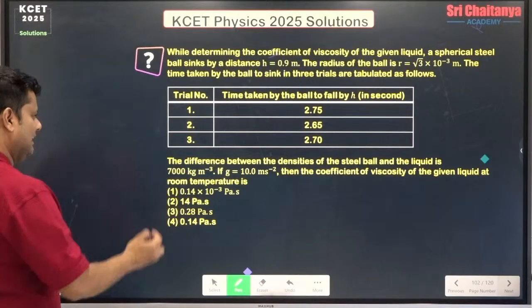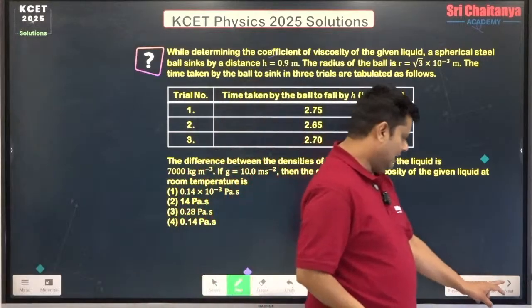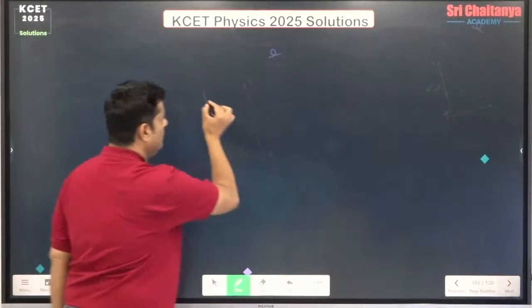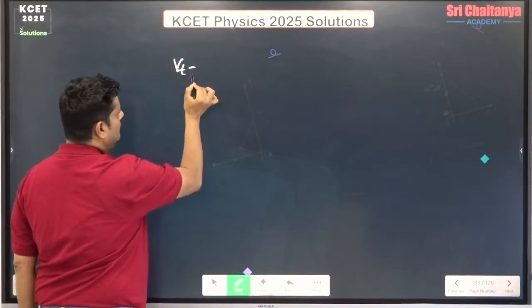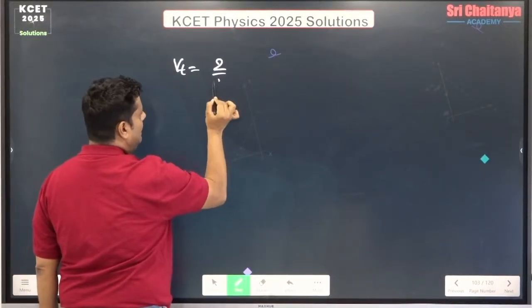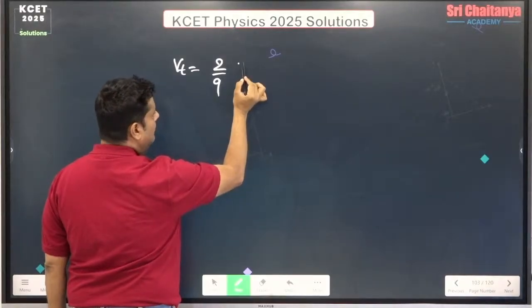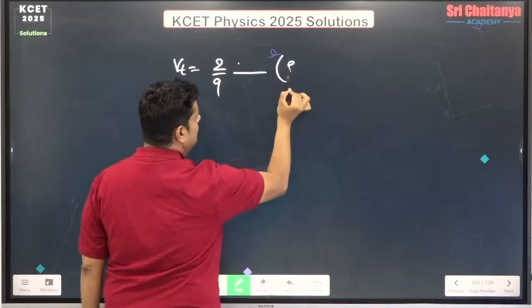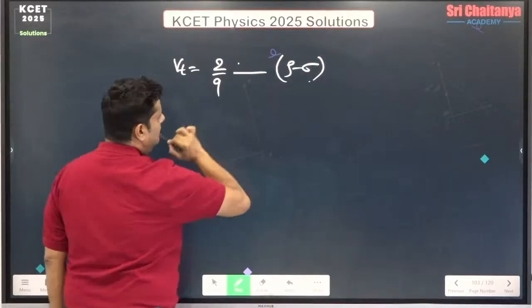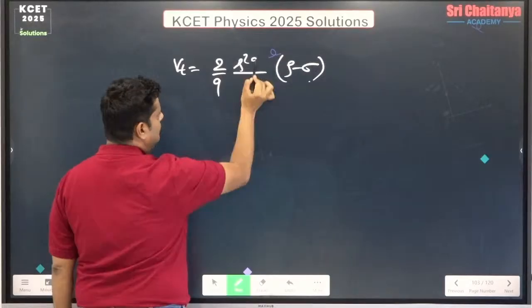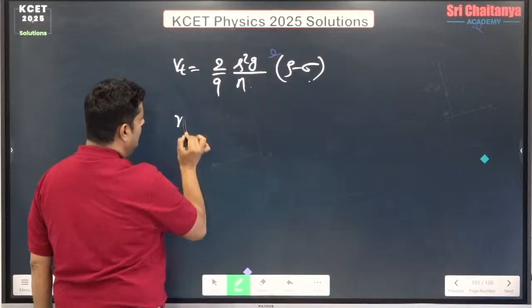We have different coefficients. Again, students, you have already attempted this question. Which formula is used? The formula for terminal velocity. It is a very well-known formula, 2 by 9, with the density difference rho minus sigma, R square g upon eta. What we require is eta.